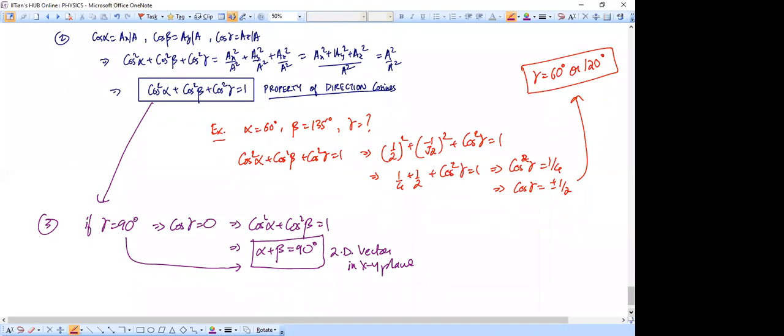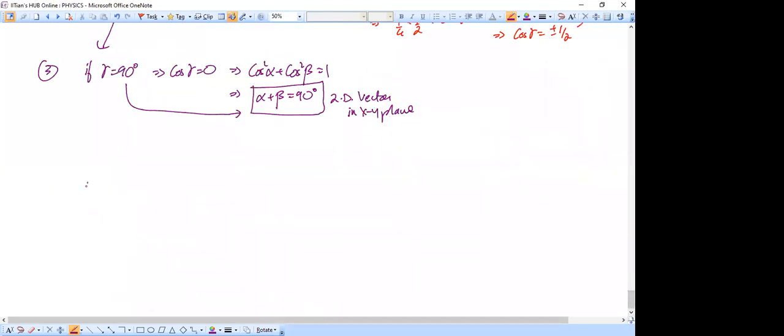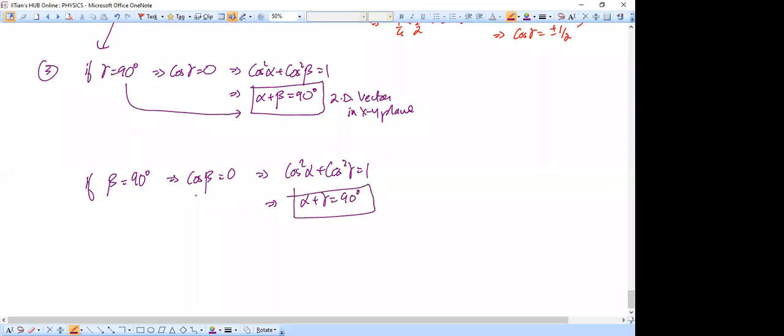Similarly, if beta is 90 degrees, cos beta is 0, so cos square alpha plus cos square gamma would be 1. That means alpha plus gamma would be 90 degrees. Again, this shows that this is a 2D vector in the xz plane.